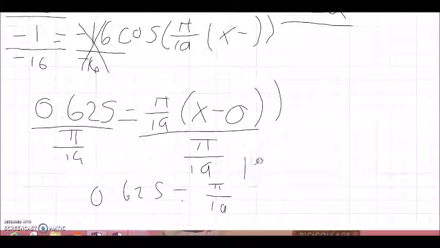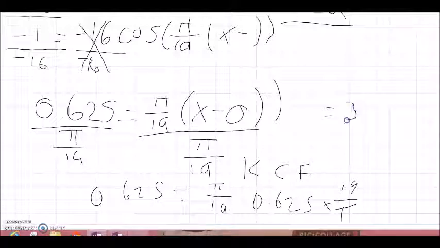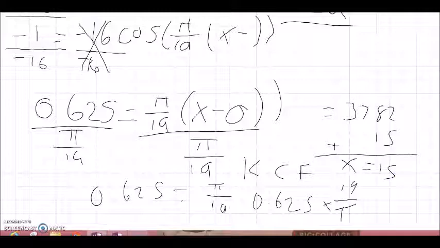To solve this, we use keep, change, flip. So it'll be 0.0625 times 19 over pi, which equals about 0.378, plus 15, and our x is equal to 15 seconds. So in the first cycle, x equals 15.